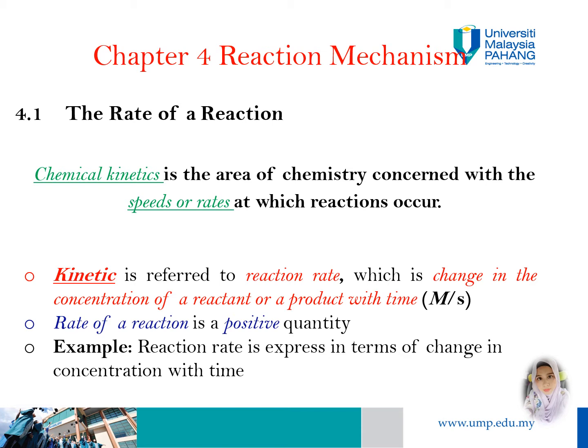The rate of the reaction is always positive. Normally the rate of the reaction is expressed in terms of change in concentration with time, and sometimes it is also expressed in terms of the change in pressure, especially for gas. For gas, it is normally expressed in pressure, but for liquid, it is expressed in the change in concentration.